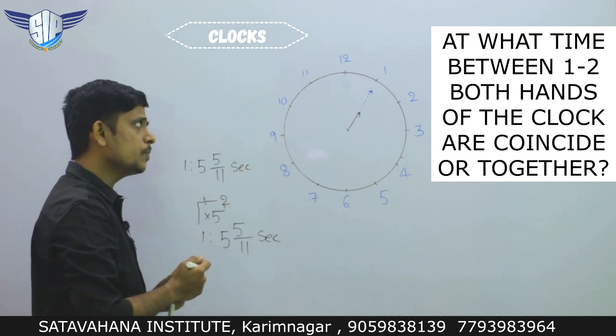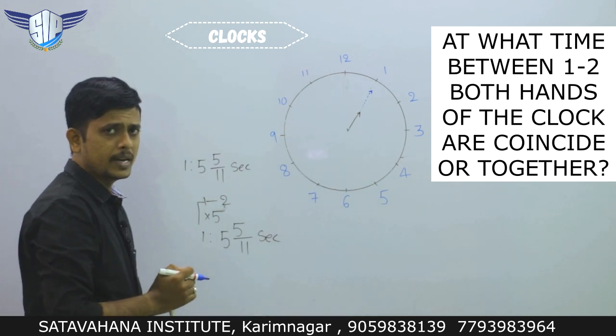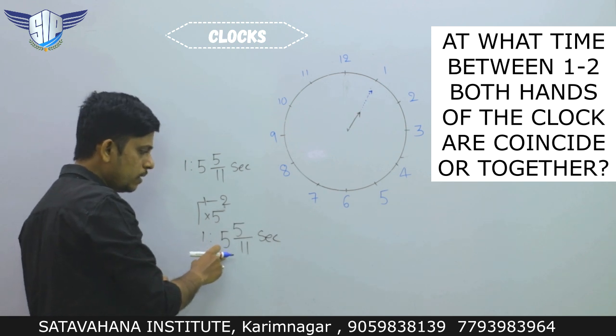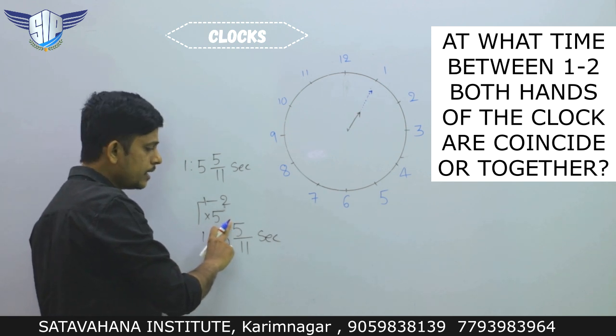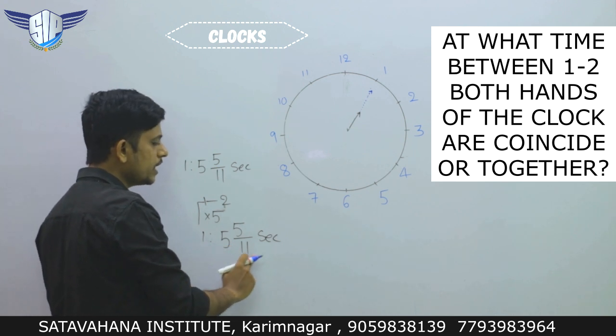To move from 12 to 1 it will take 5 minutes. Therefore I take those 5 minutes as my answer, the same 5 in the numerator, and 11 is common for the denominator for all the questions. Therefore my answer is 1 5 5/11.